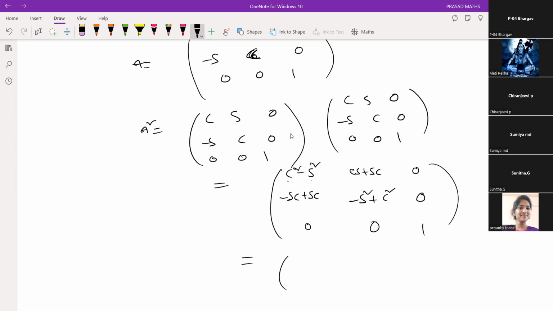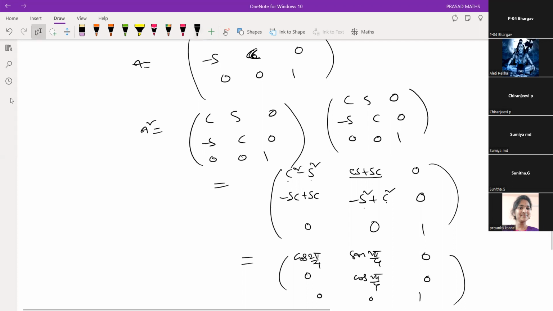So cos square theta minus sin square theta is cos 2 theta, and 2 sin theta cos theta is sin 2 theta, 0. This is cos square theta minus sin square theta, cos 2 theta, 0, 0, 0, 1.